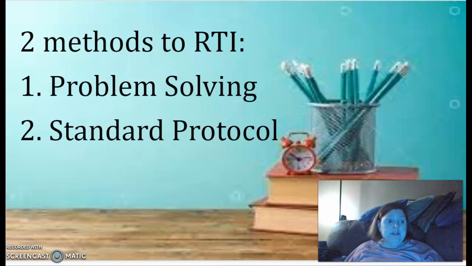Now, when it comes to intervention, there are two methods. The first method is problem solving, and the second method is called standard protocol. The first one we're going to be looking at is the problem solving method.